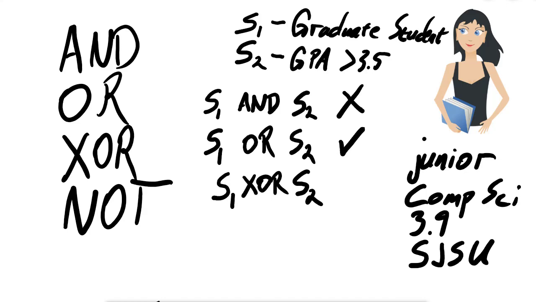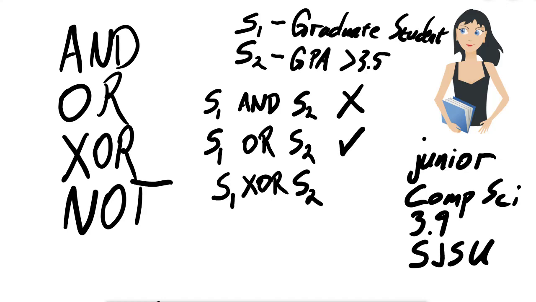So it's exclusive, like exclusive contracts. An exclusive contract would only go to one party. So with exclusive OR, only one of the things may be true. If both of them are true, then it violates the condition. So exactly one of these two things must be true for the exclusive OR to be true.